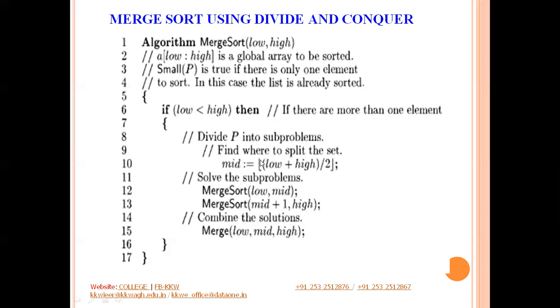If there is a need of split, then we calculate the mid. Once the mid is calculated, we call merge sort with the first half and we call merge sort with the second half. Once this is done, we finally combine the solution using the algorithm merge. Okay, so how this exactly works? For that, we have to understand the algorithm of merge. So we will see that now with the help of merge algorithm.